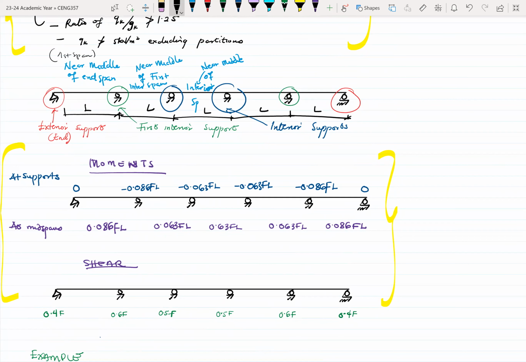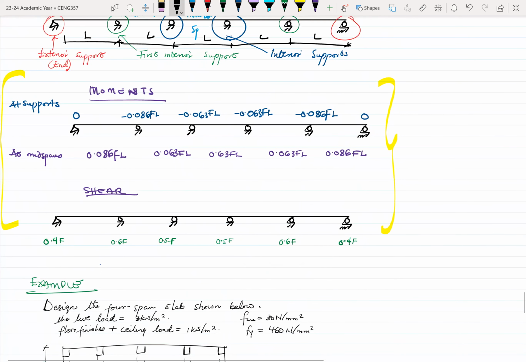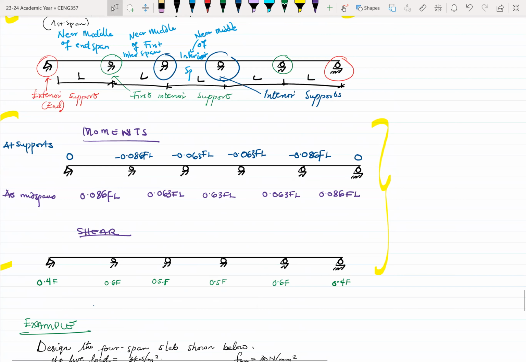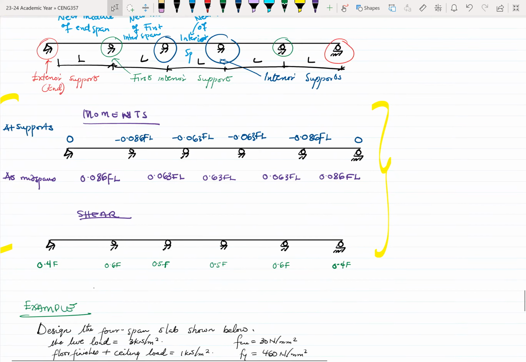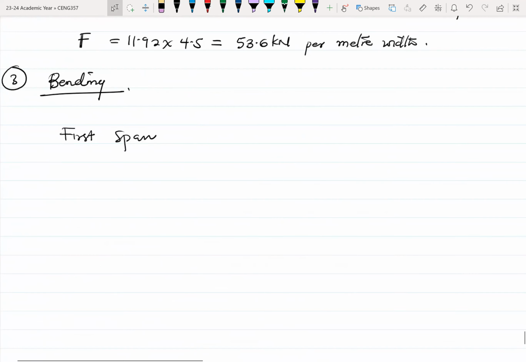We can look at it that way. All right. So we are told 0.086. So our moments from the first span, which is the end span, that we know is the end span.